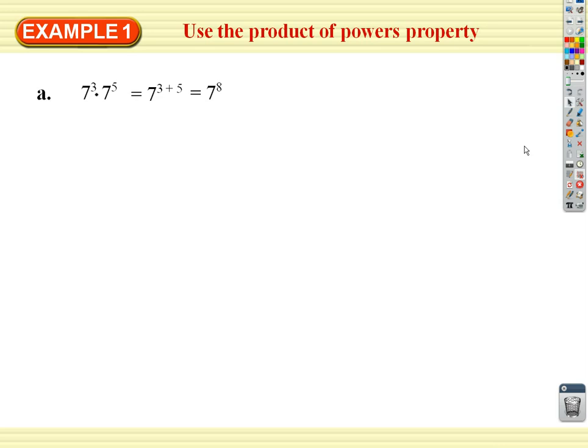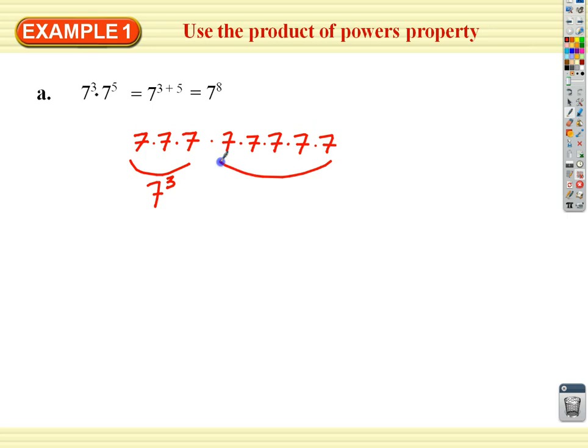And really what this is saying is, 7 to the third power looks like 7 times 7 times 7. This right here is 7 to the third power. And 7 to the fifth power is times 7 times 7 times 7 times 7 times 7.